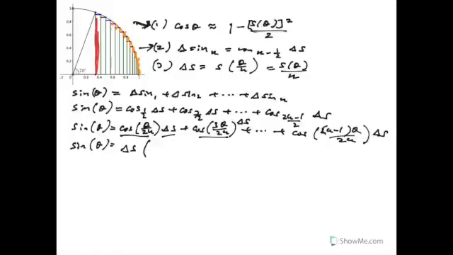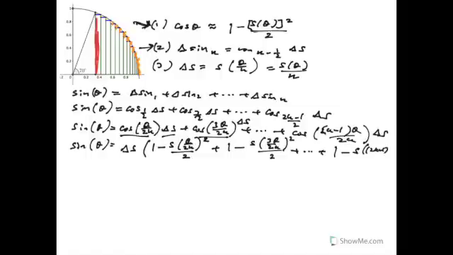So we get 1 minus s of theta over 2n. I hope you don't mind, I'm not going to put brackets. I'm just going to put a square here and just say that it's the whole arc squared, s of theta over 2n squared over 2, plus 1 minus s of 3 theta over 2n squared over 2, all the way up to the last one, which is 1 minus s of (2n minus 1) theta squared over 2.